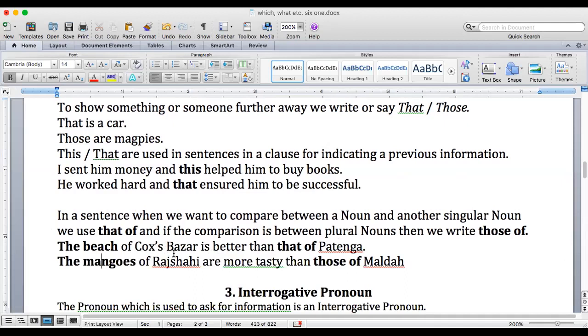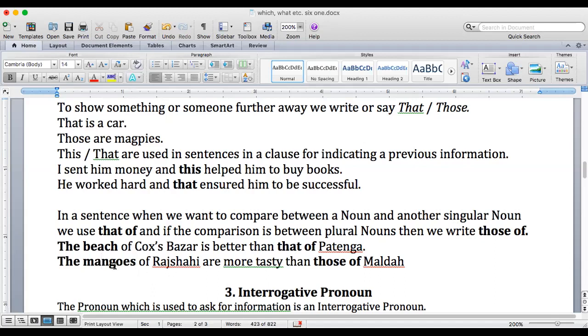So we say the beach of Cox's Bazar is better than that of Potenga. We are comparing two nouns. And the mangoes of Rajshahi are more tasty than those of Malda. Which are more tasty? They're comparing mangoes of Rajshahi and of Malda. They said those of Malda. So when we are comparing a noun with another noun, we use that of, and between plural nouns, those of.